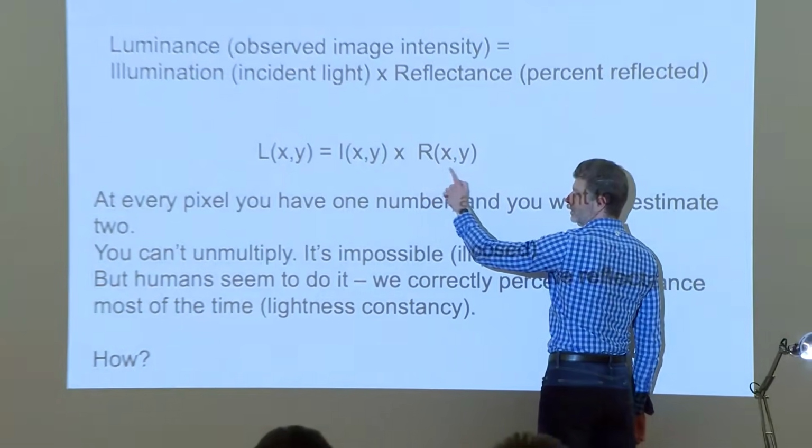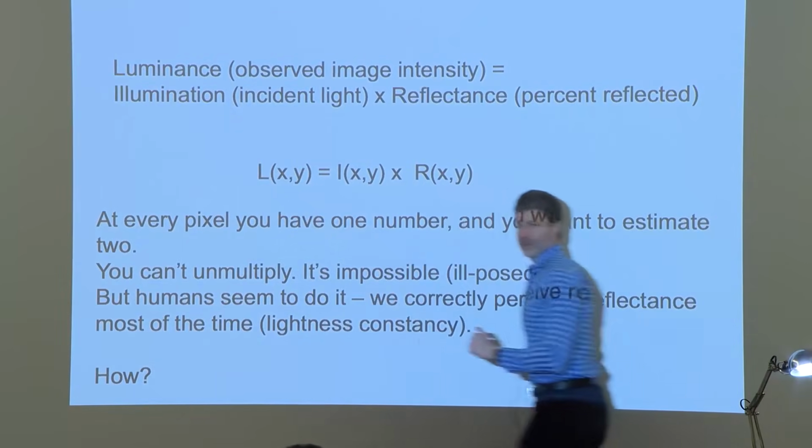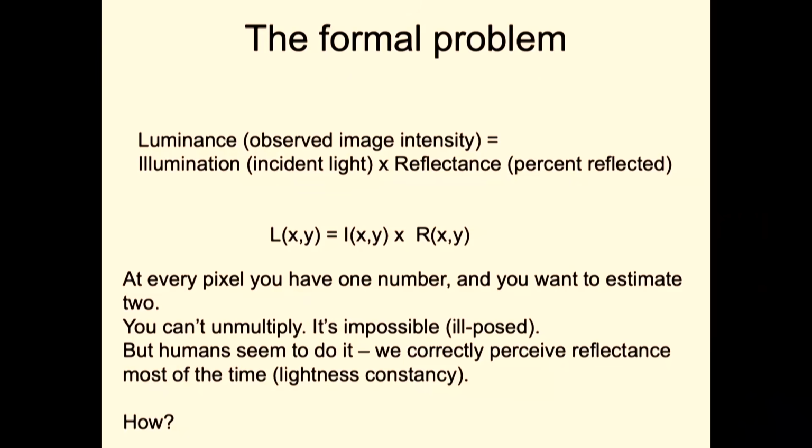There's also a certain amount of reflectance. Those get multiplied, and that generates a luminance image. So at every pixel, you have one number, and you want to estimate two, or at least one of the two. You can't unmultiply. So it's a classic example of an ill-posed problem. But humans seem to do it. We correctly perceive reflectance most of the time, and this is the phenomenon of lightness constancy.